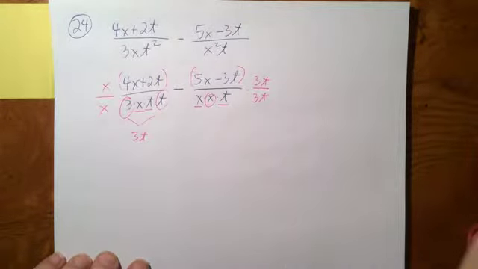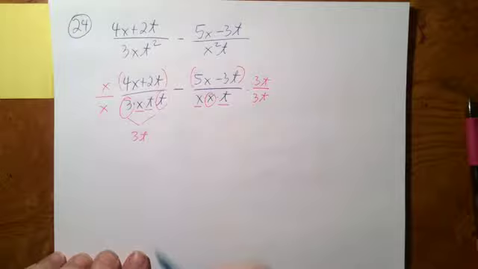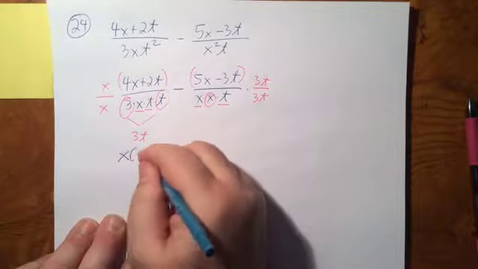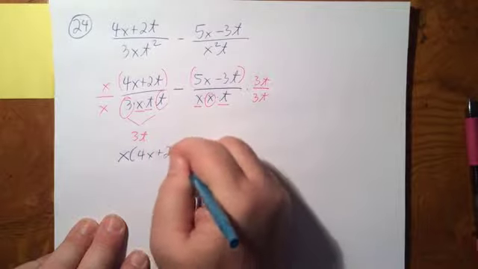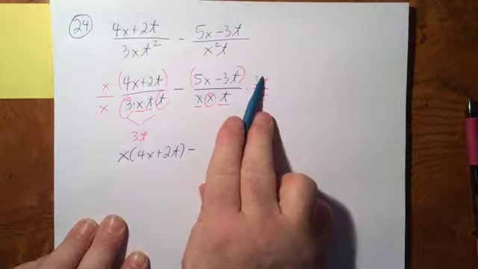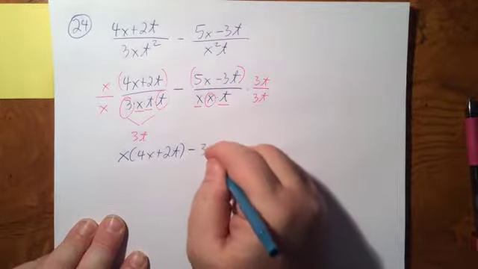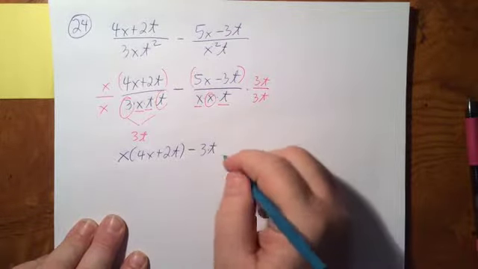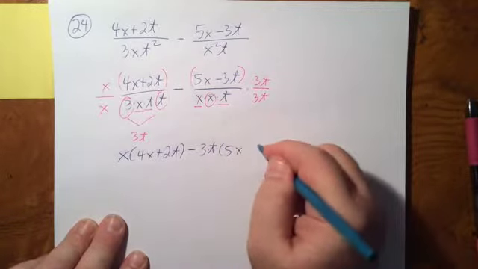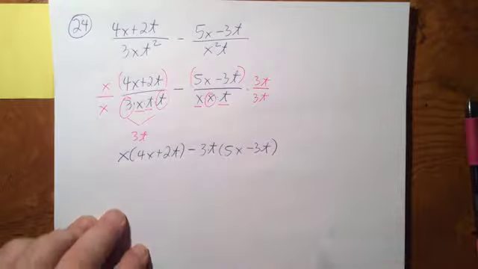So I'm going to go ahead and rewrite the numerator now with the following adjustment. This will be x times (4x + 2t). I'm going to write the minus now. I'm going to go ahead and bring this 3 term in here. Minus 3t times (5x minus 3t).